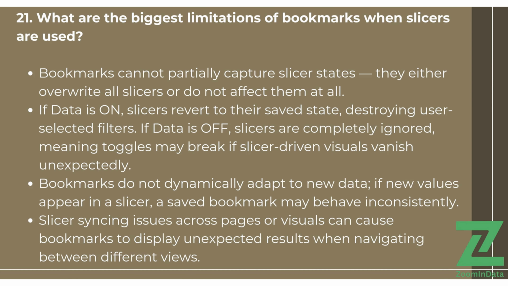If data is off, slicers are completely ignored, meaning toggles may break if slicer-driven visuals vanish unexpectedly. Bookmarks do not dynamically adapt to new data. If new values appear in a slicer, a saved bookmark may behave inconsistently. Slicer syncing issues across pages or visuals can cause bookmarks to display unexpected results when navigating between different views.